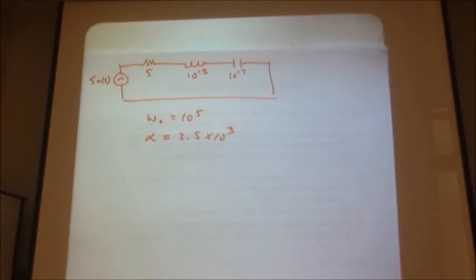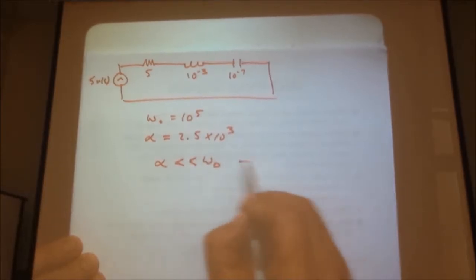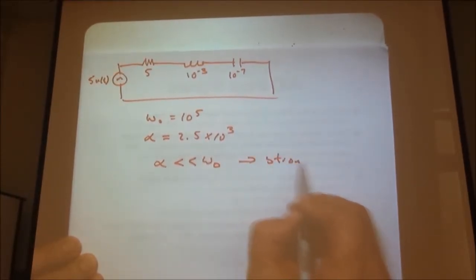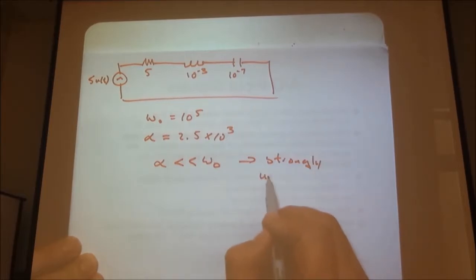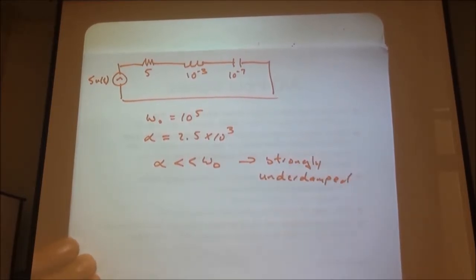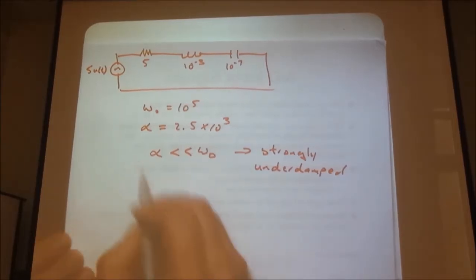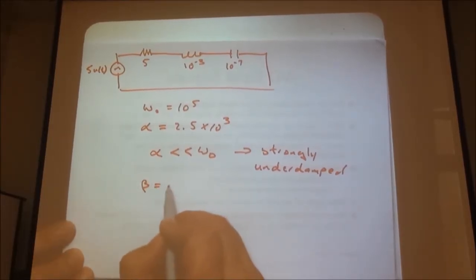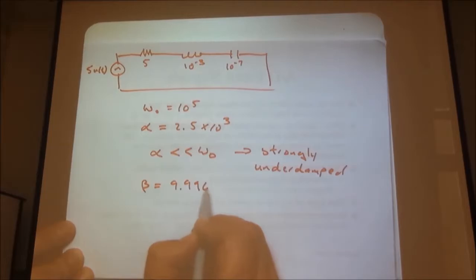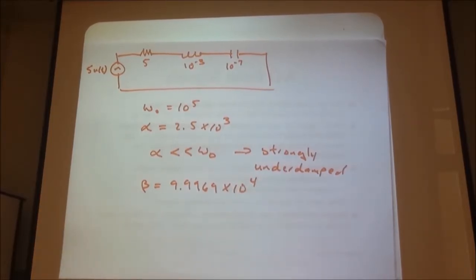So almost 2 orders of magnitude smaller, alpha much, much less than omega naught, strongly underdamped. And so again, we can plug in the calculations, but beta is about 9.9969 times 10 to the 4, or more than 1 order of magnitude larger than alpha.